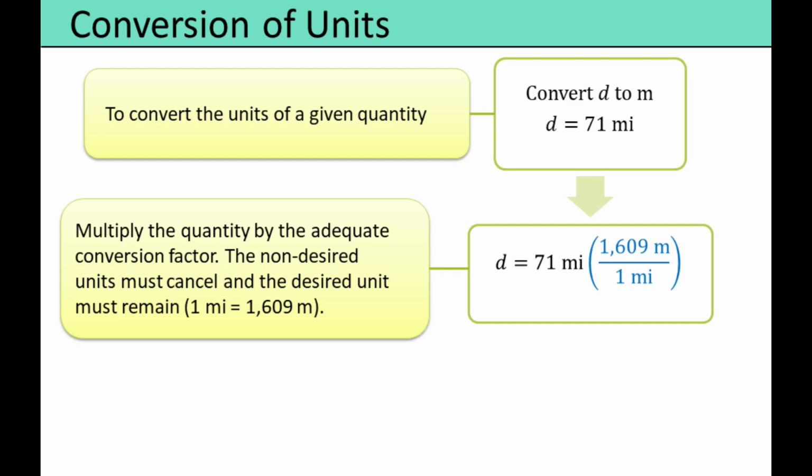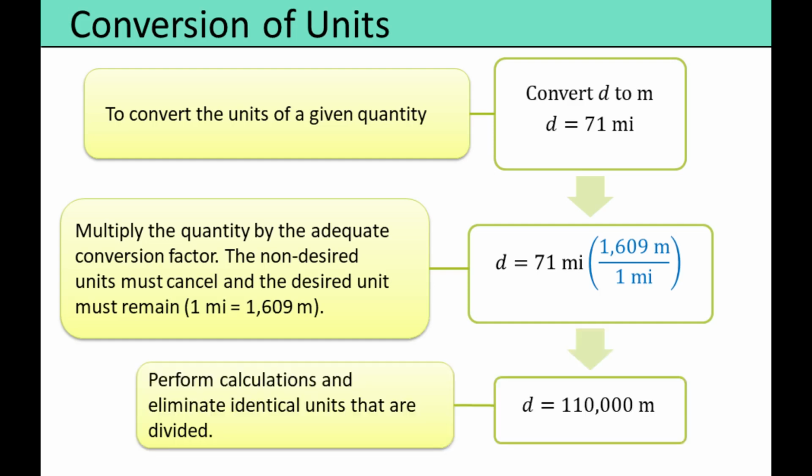Note that we choose to put the miles at the bottom so that the miles of the conversion factor will cancel the miles of the original units. After we multiply 71 by 1,609 and divide the result by 1, we get 110,000 meters.